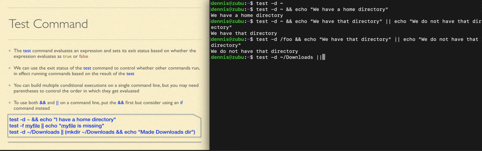And if it fails, double pipe, I want to make that directory. And if I did make the directory, there won't normally be any output for the user. I'd like to tell the user I had to do that. So I would like to do a thing based on the success of the make directory. So double ampersand to print out a message like that.